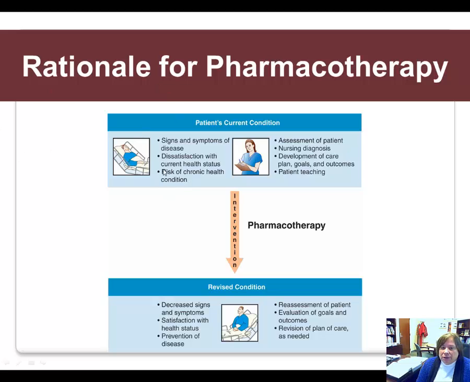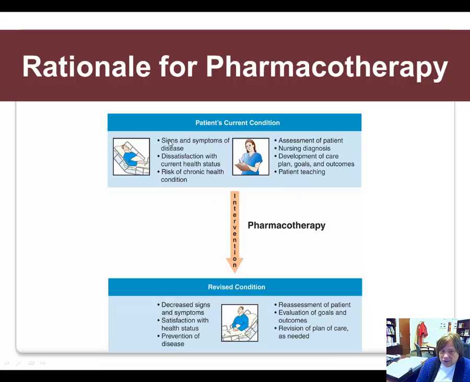We're going to really focus mostly on the signs and symptoms of disease this person is exhibiting. Medications are going to be the intervention of choice for this course. And again, you would expect to see decreased signs and symptoms and the patient feeling much better overall. This is the pharmacology, pharmacotherapy, and the pathophysiology is here.